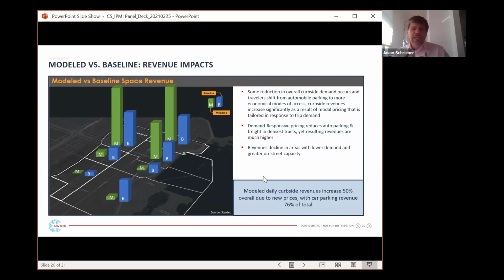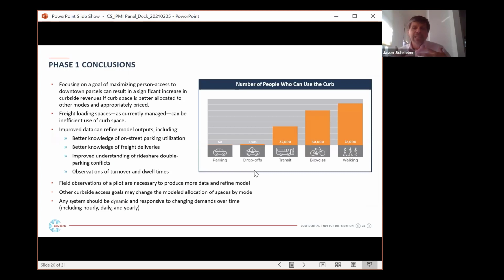In the end, and you can go ahead to that next slide, Meera, the key takeaway here is that we're really heavily focused on maximizing person access, and it wound up producing a significant amount of curbside revenue, whether that's used by the city or another agency, whether it's shared for whatever benefits is a separate discussion. But it's simply acknowledging that there's greater efficiencies in more efficient modes, as this graphic from NACTO has been talking about for years. But the second bullet here I think is important.